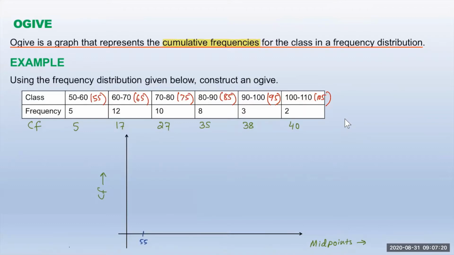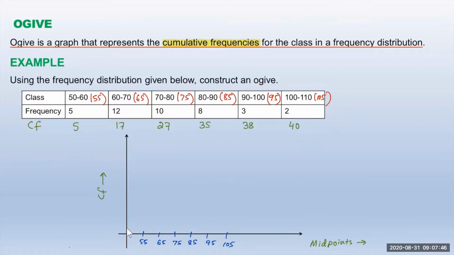You have those midpoints, so we are going to label those midpoints, which are 55, 65, 75, 85, 95, and 105. Now, along the y-axis, we need the cumulative frequencies. You can see the maximum cumulative frequency is 40.